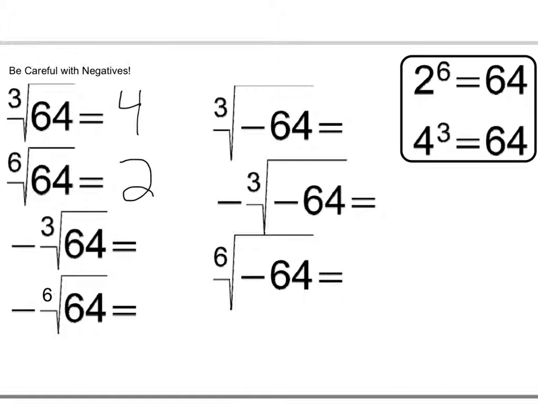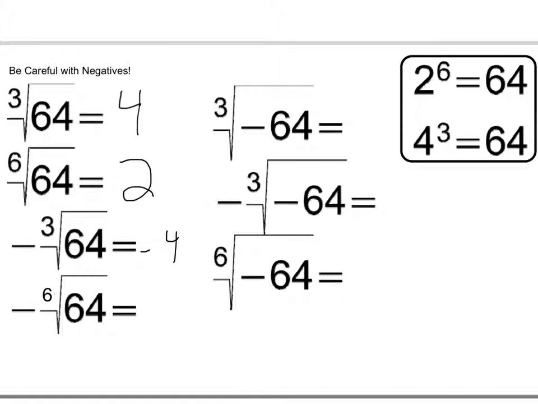Now in these next two radicals, going down, I notice that the only difference between the first two is that I have a negative out front of the radical. In these situations, I first evaluate the radical and then I just make my answer negative. So in this example, negative third root of 64, I first need to figure out the third root of 64, which I've already shown to be 4, and then just make my answer negative.